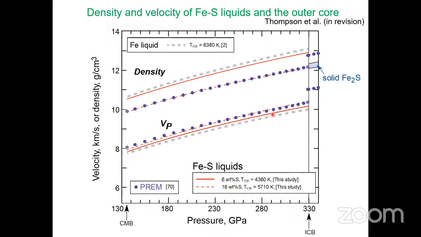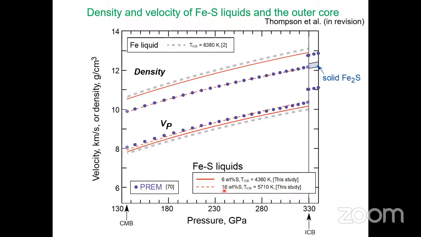Then we calculated the iron-sulfur liquid properties along that temperature profile. In this diagram, pure iron is this gray dashed curve, and these purple dots are PREM data points. First we calculated the 16 weight % sulfur-bearing system.